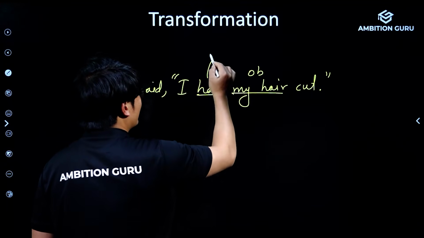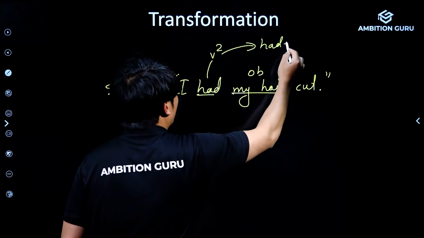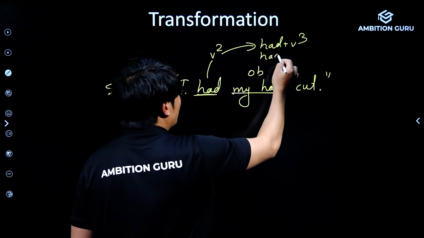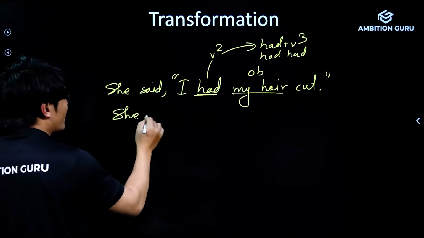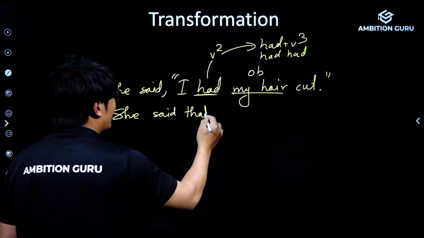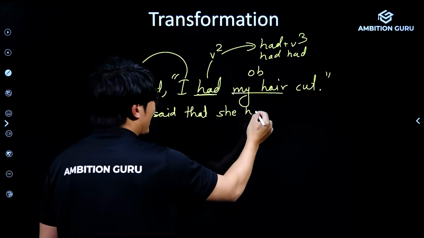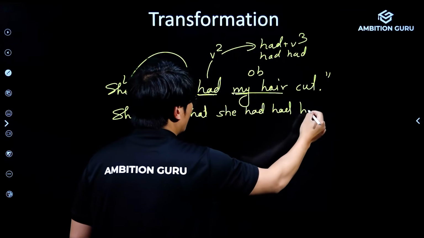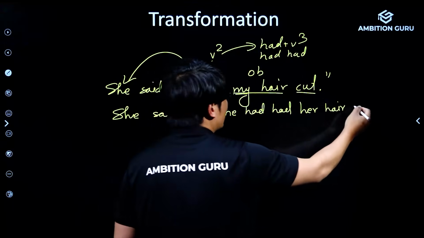That's why this had is Verb 2, and Verb 2 should be changed to had plus Verb 3. And what is the Verb 3 of had? It remains had. So answer is she said that, and I means the subject, that is she, and here remains she had, and my should be changed to her, and cut remains cut.